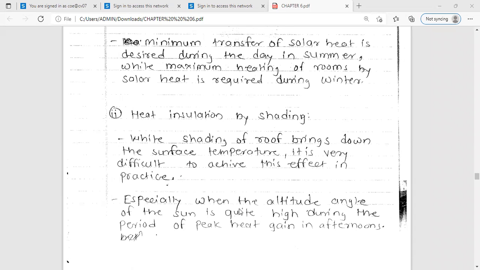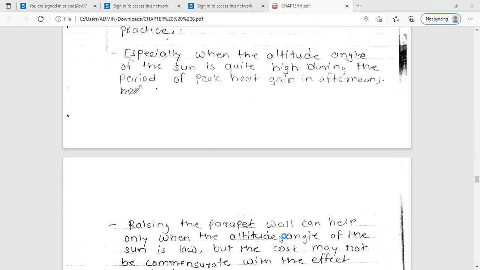When the altitude angle of the sun is quite high during the period of peak heat gain in afternoons. Okay, so whatever altitude angle it is, and after that what the temperature is at that time, by considering that we can go for raising the height of the parapet wall, as well as whatever chhajjas we are going to provide, its width we have to increase.